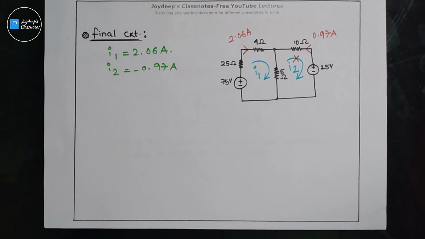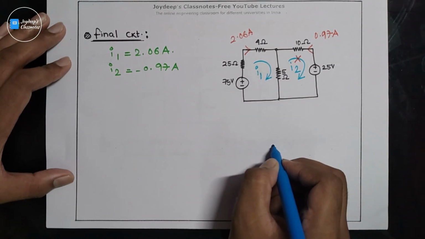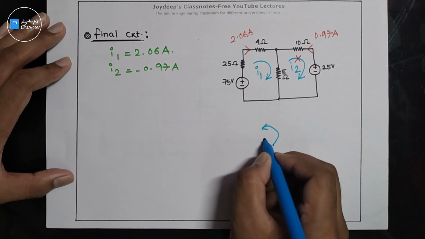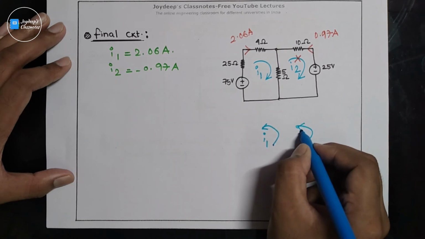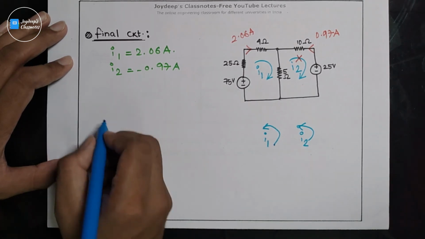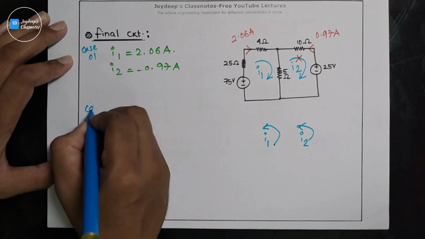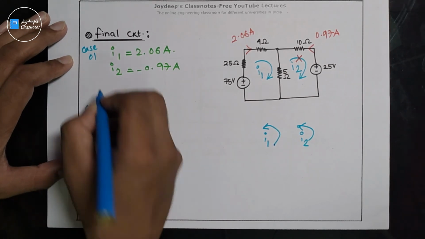Now you might have a question: what would happen if we assume the direction of mesh currents, that is I1 and I2, counterclockwise? So if instead of clockwise, you have assumed the direction of I1 and I2 to be like this, then let's name this case 1, case 2.